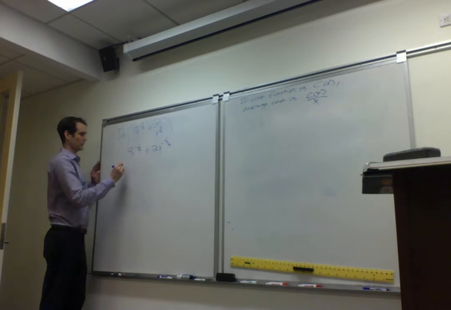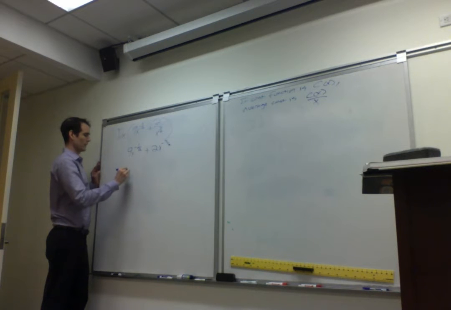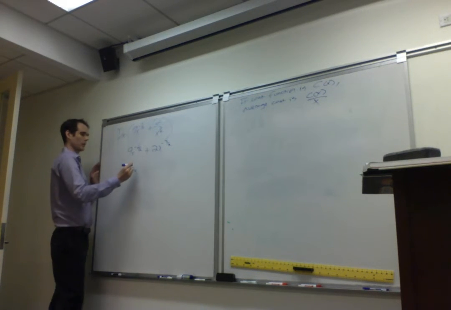Negative 1/2 times 9 is negative 4.5x raised to the what?